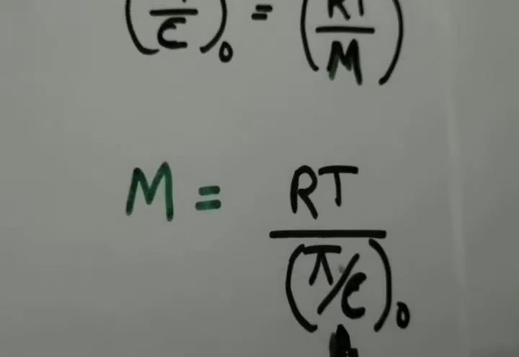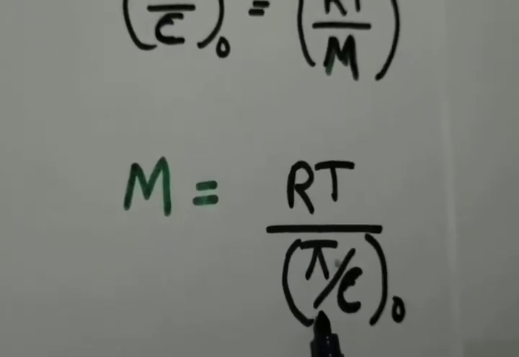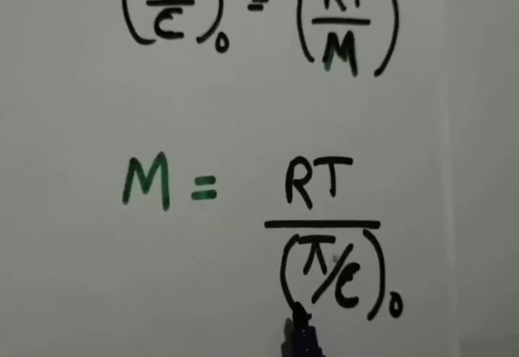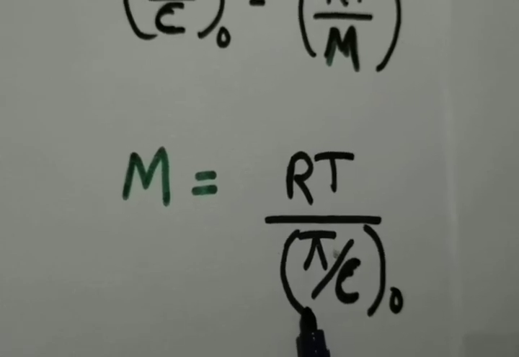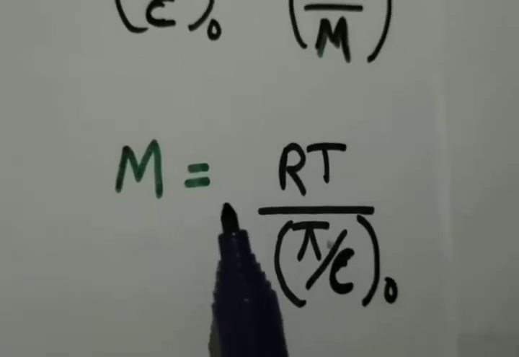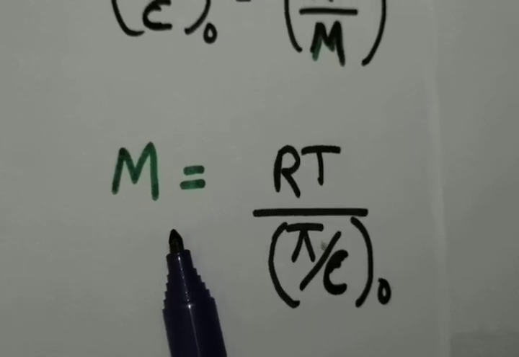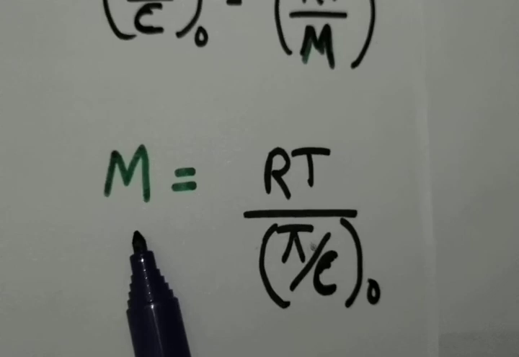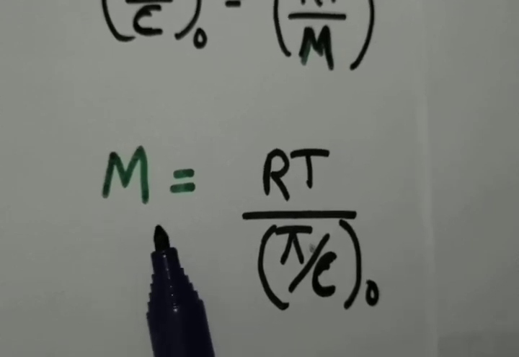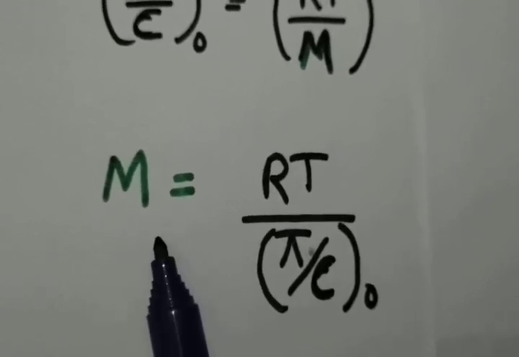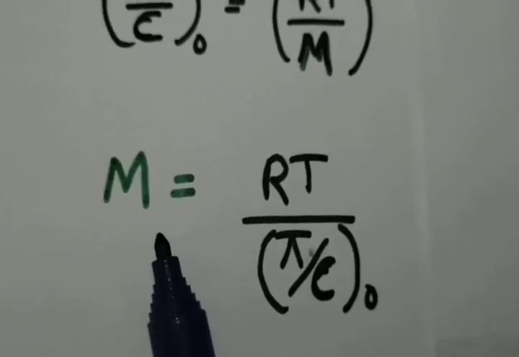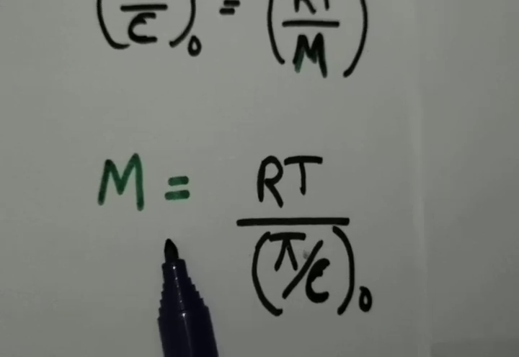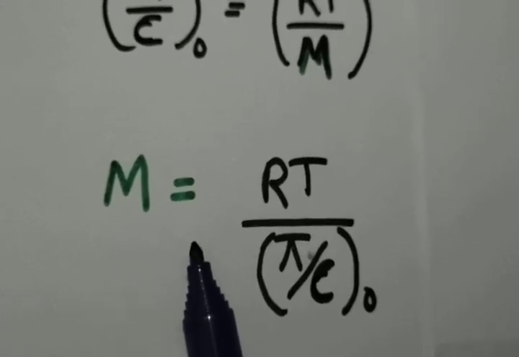This value we can easily get from the plot of pi by c versus c. So the actual or correct molecular mass of the polymer, like the protein molecule, can be obtained from this equation. Determination of molecular mass of a polymer is thus obtained by using this equation.